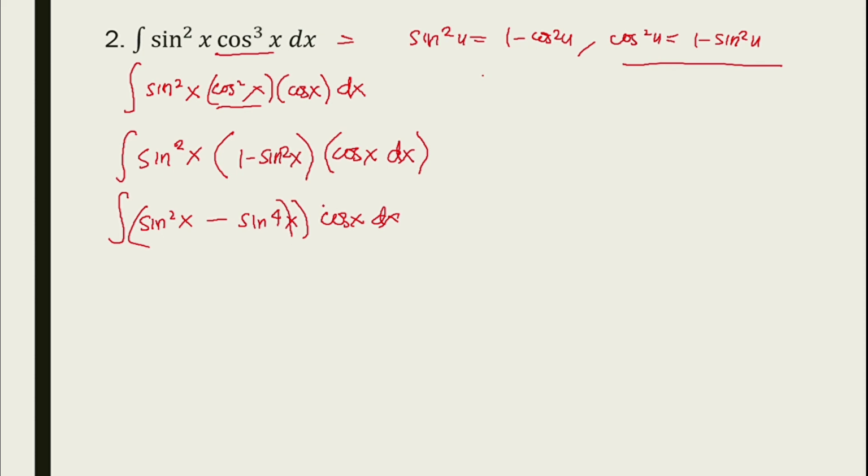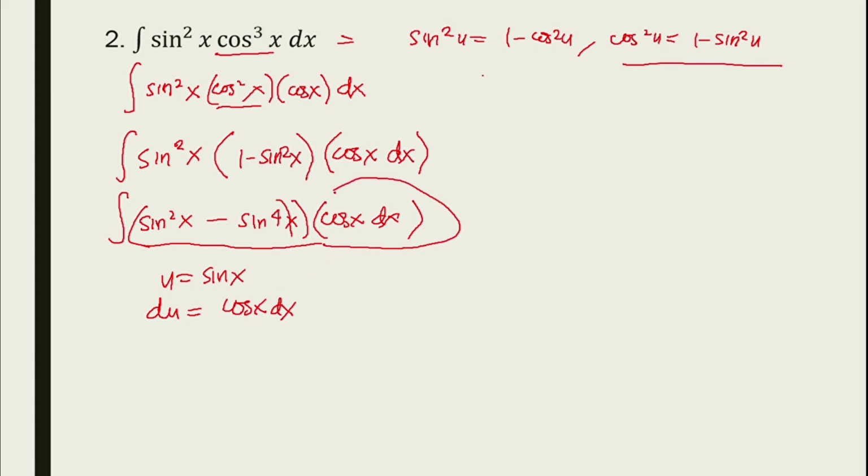So now we have to integrate this part. Let us use u is equal to sine x. Our du is equal to cos x dx. So we could now make use of cos x dx as our du. Therefore, the integral of this one is u squared minus u raised to 4, du.